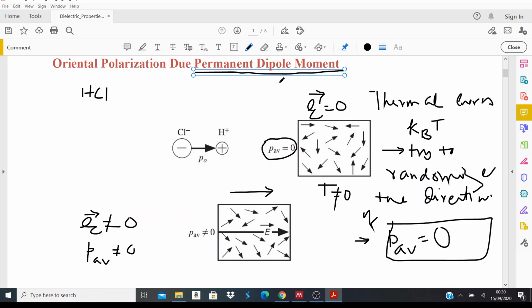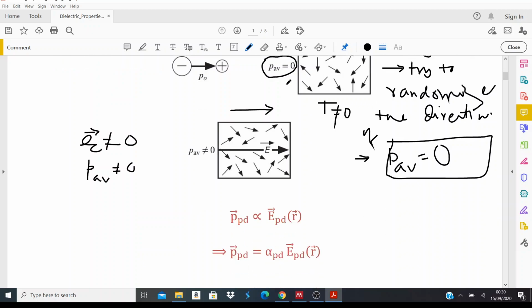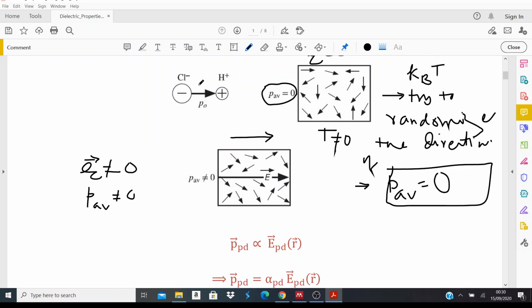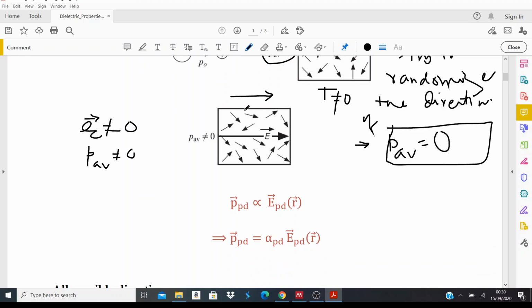And we need to calculate the contribution of this permanent dipole moment inside a solid. Let's say these dipoles consist of two atoms, chlorine ions and hydrogen ions, so they are really very small structures.